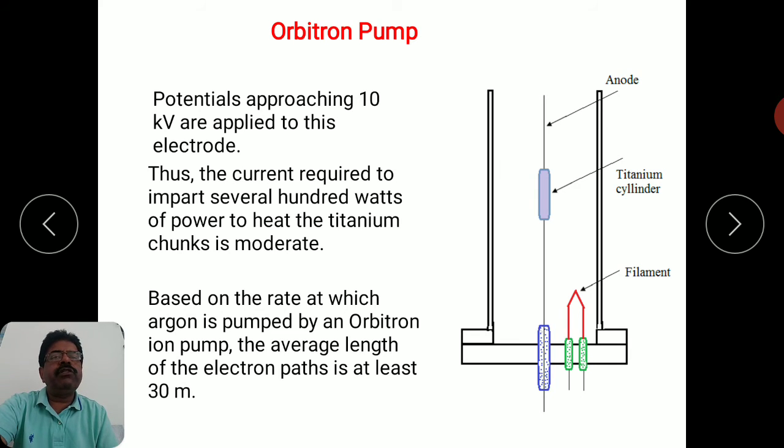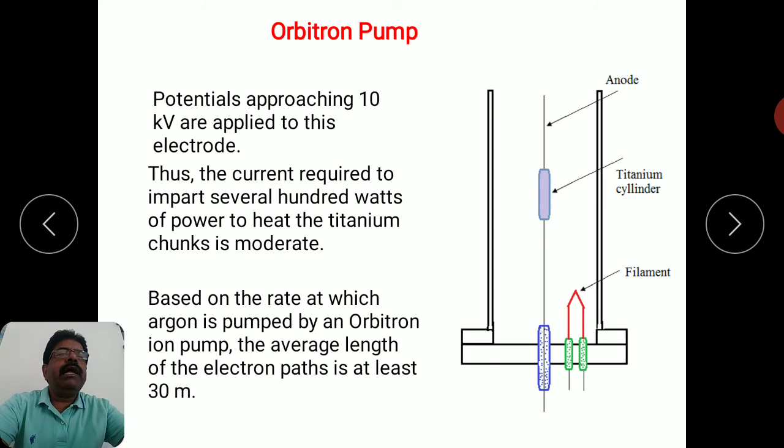First of all it will be ionized, and the positive ions will be attracted towards the outer wall, and the freshly deposited titanium will trap them. The gettering action will take place. So the length of the electron path for effective pumping of argon should be at least 30 meter.